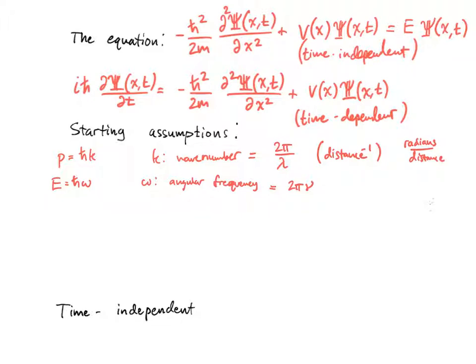So this is going to be in units of inverse time, or another way to think of it is radians per time: how many radians the wave goes through for some given unit of time.